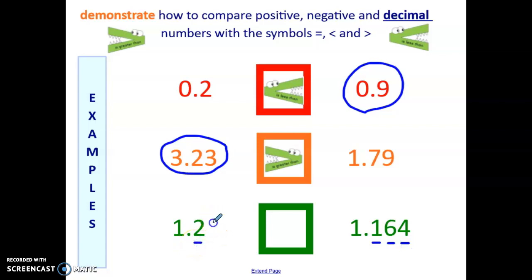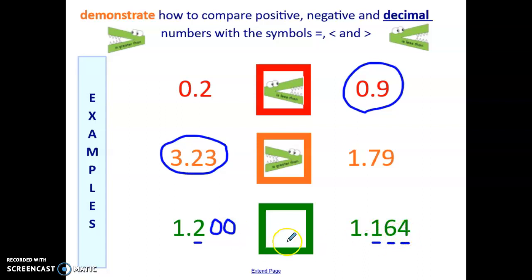So I'm going to put an extra couple of zeros in here as placeholders, just to allow me to compare those numbers a little bit better. So now I've got 1.200, and on the right here I've got 1.164.